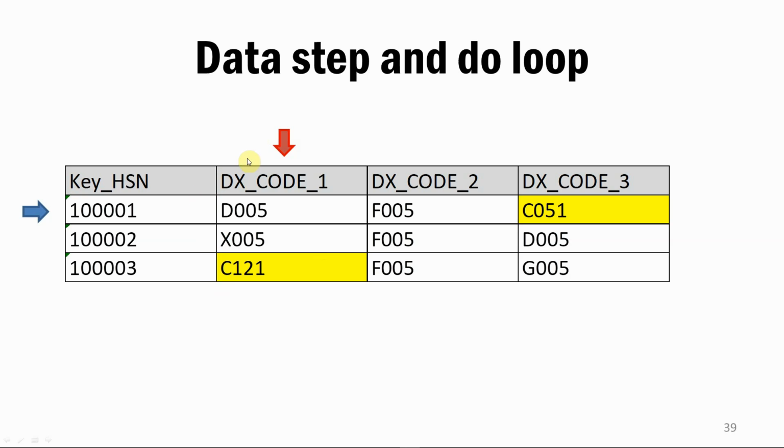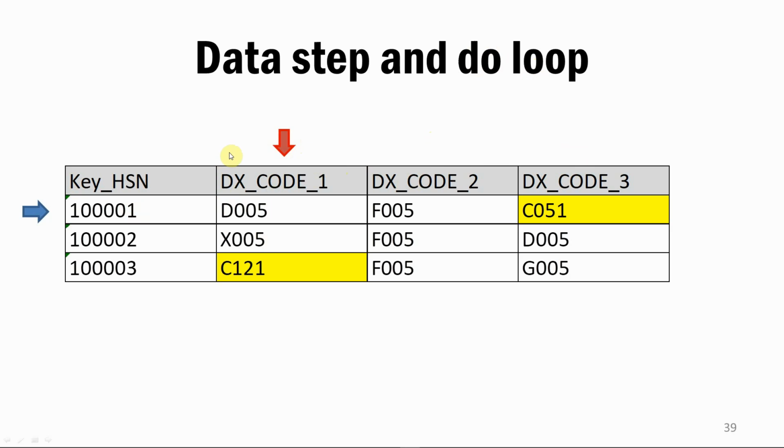However, if for the same row, before moving to the second row, you want to loop by each column, like in this case, then you need to specify a loop, for example a do loop. This do loop iterates within the same row, but across different columns.